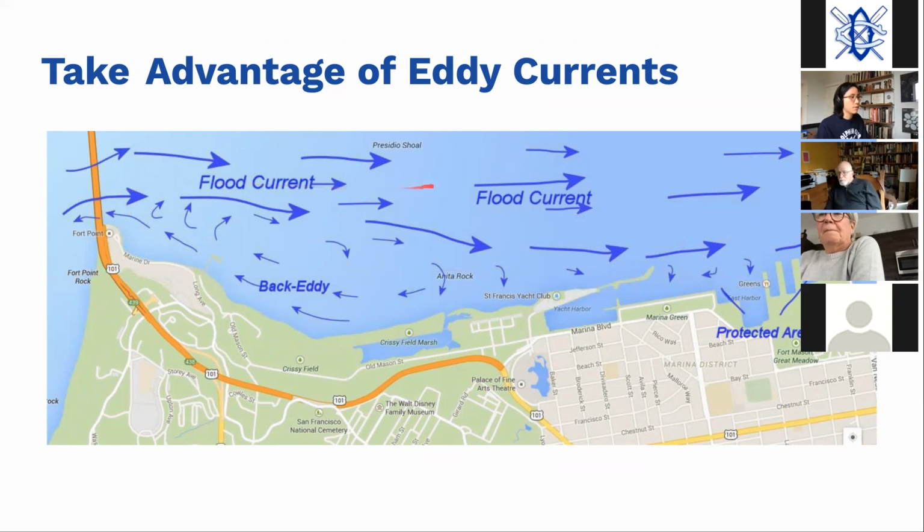The main current is flowing in this direction, and as it hits and goes around all these things that stick out into the bay, all these piers, the water turns around and can help us, so that we're not rowing into the main part of the current the entire way. We can take advantage of these weaker currents and sometimes these back eddies that will occur.